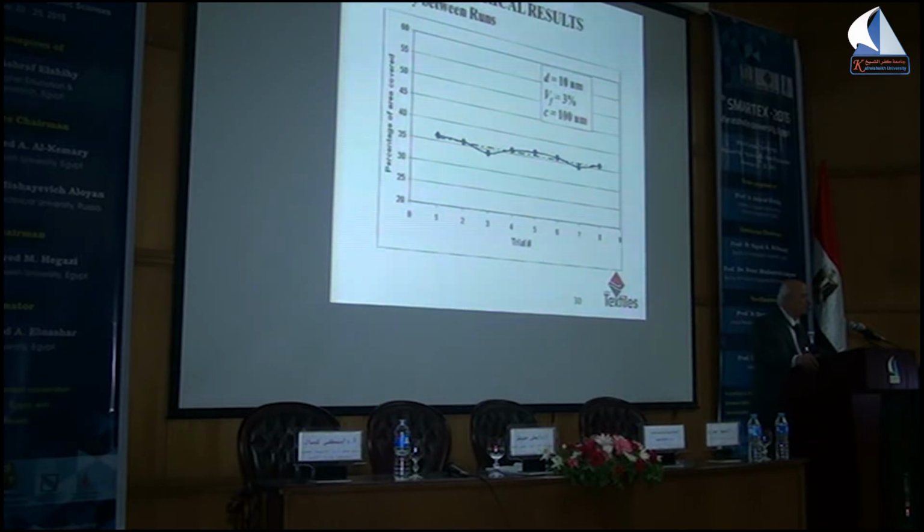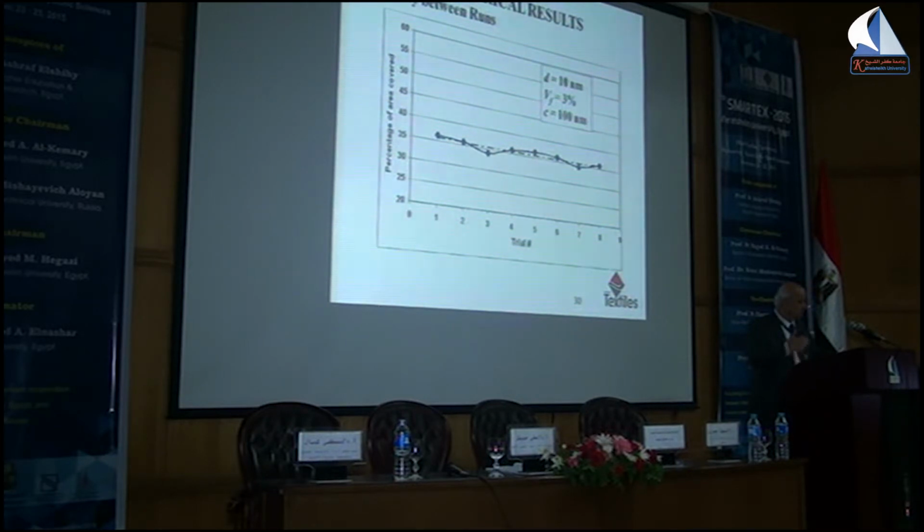We looked at the model and said, what happens if I do random? Is it really random? Random is supposed to give you 0 deviation or almost 0 deviation. So what we did here, we repeated the trials for this run, and we did it for other runs. We repeated this over and over to look at the percentage of area covered with the number of trials, and we found it's almost constant.